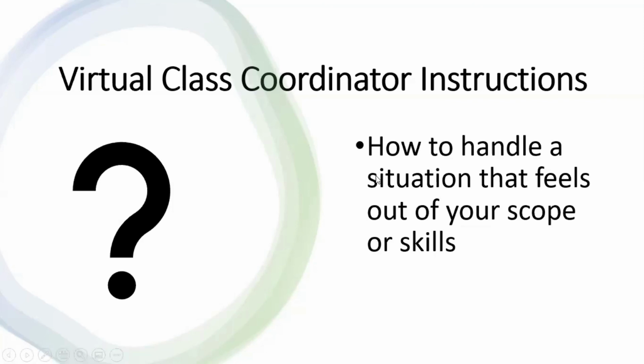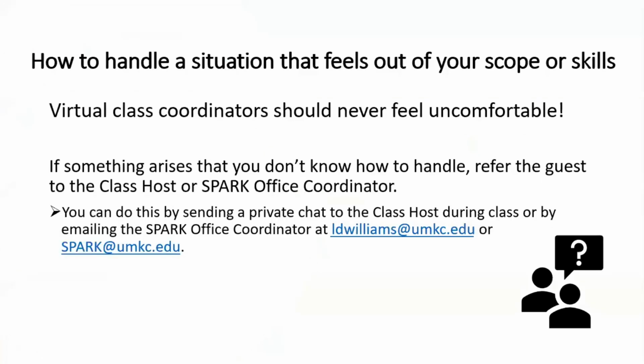So what do you do if a situation occurs that feels out of your scope or skills? It is important to Spark that class coordinators never feel uncomfortable. You are here to back up your class host.